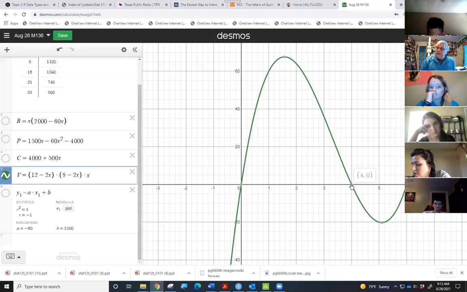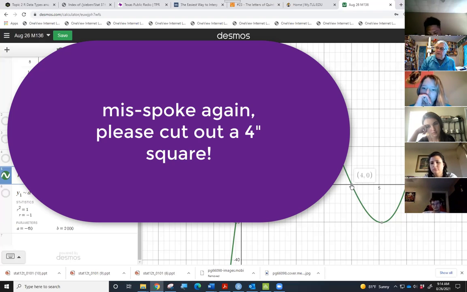Well, we got a piece of cardboard that's 8 by 12. If I cut a 4-inch square, what's the short side going to look like if I cut out an 8-inch square from the top and the bottom? It's going to be 0, and then the volume will be 0, won't it?